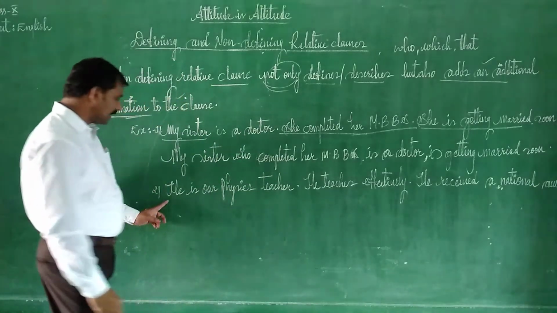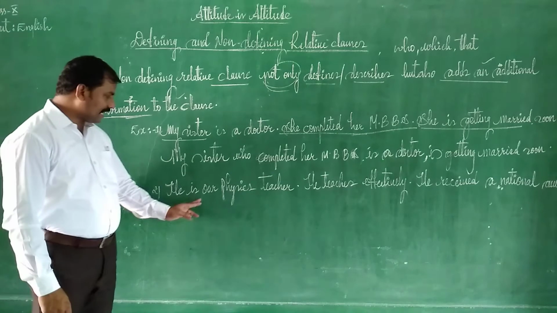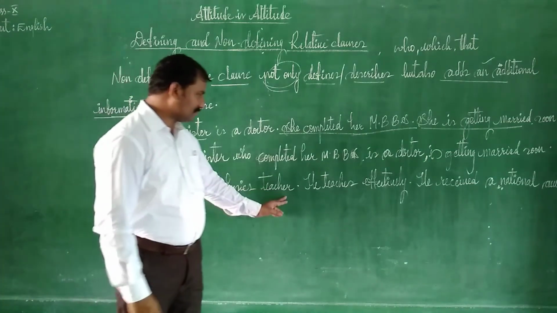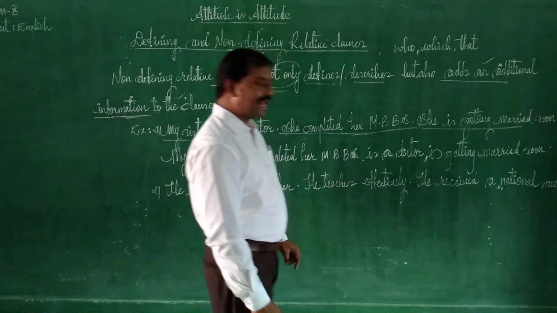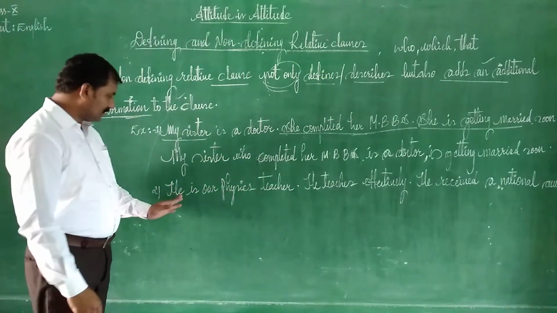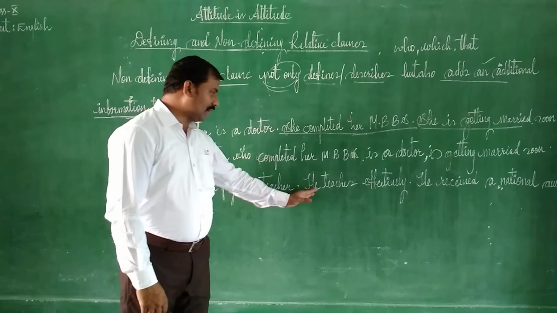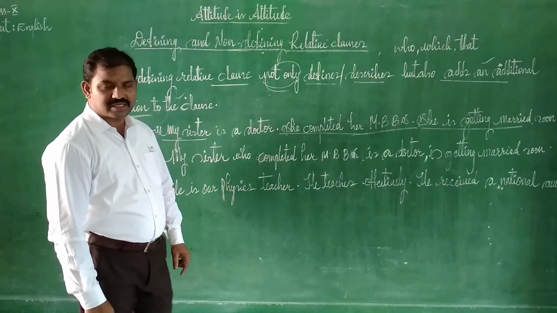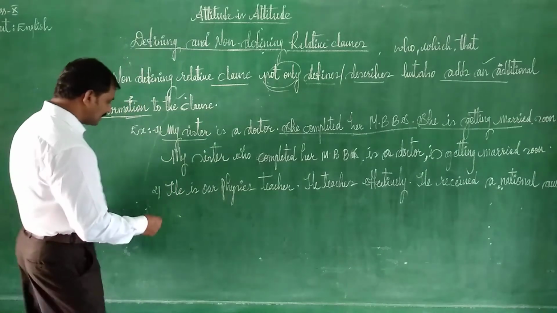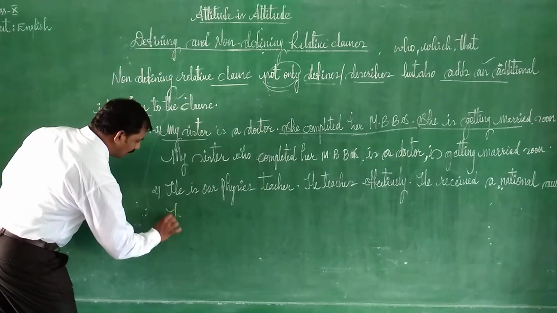Let us say the second example we have. He is our physics teacher. He teaches effectively. He received a national award. Maybe one is describing the other. Maybe the last one, he received a national award, is additional information. So let us get into the sentence.